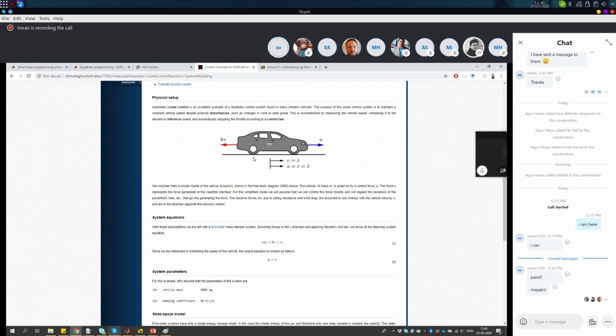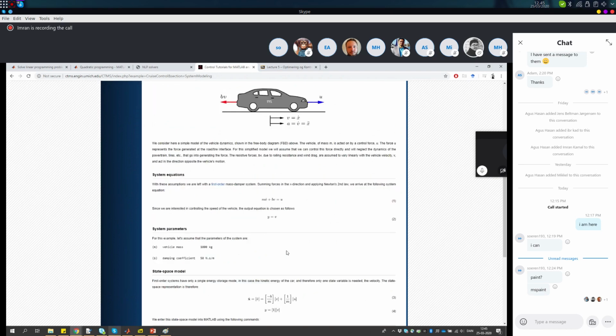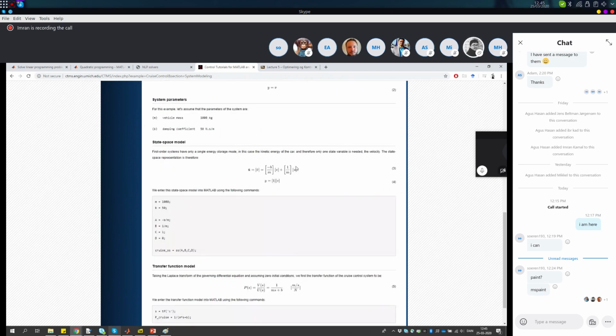When this car is moving, it should respect Newton's laws, that is, the mass times the acceleration equals the summation of all the forces. So you will get this kind of state space, or in a compact standard form, you will have it like this.